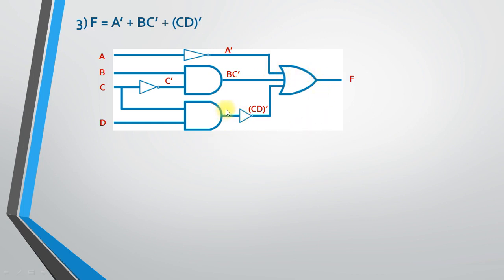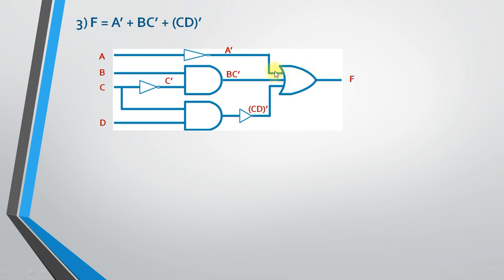I have forgotten to write CD over here, right? So if I have not written it, you need to write it. Why? Because you can understand that after passing the value of C into AND gate and D into AND gate, you will get CD as output. After that, we have placed one NOT gate over here. So after passing the value of CD into this NOT gate, it will return whole dash over here.